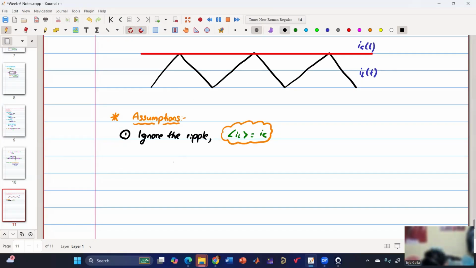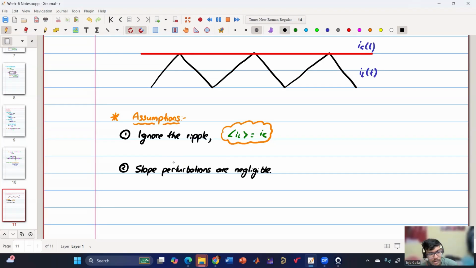And the second assumption is that the slope perturbations, because the slope is dependent on V in and V out, are negligible. So these are the two assumptions with which we are going to start, and then we are also going to derive the expression.